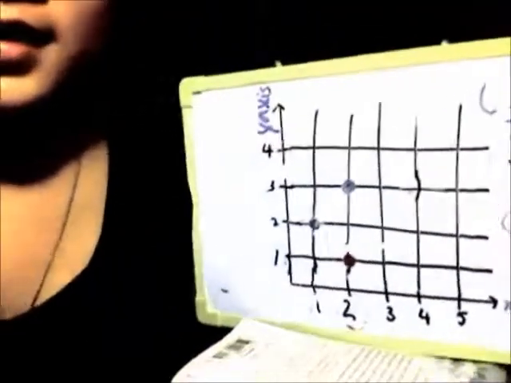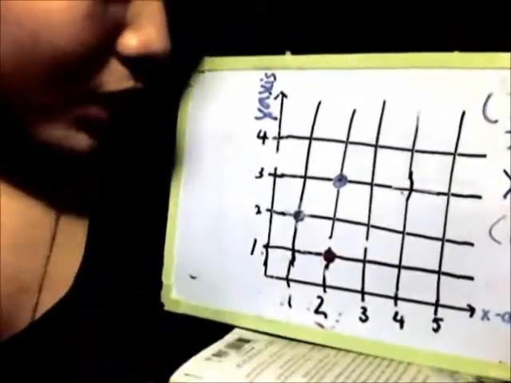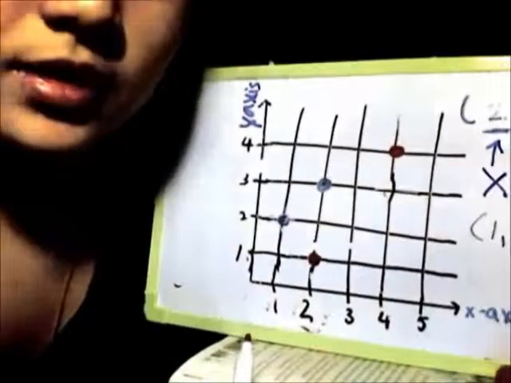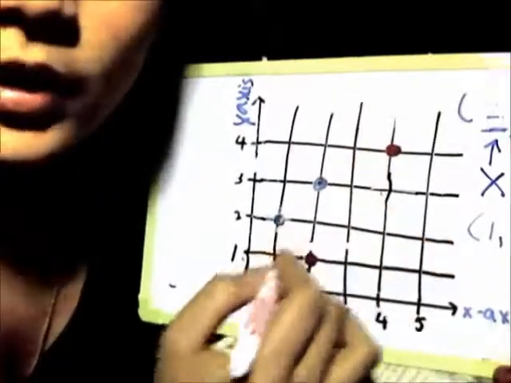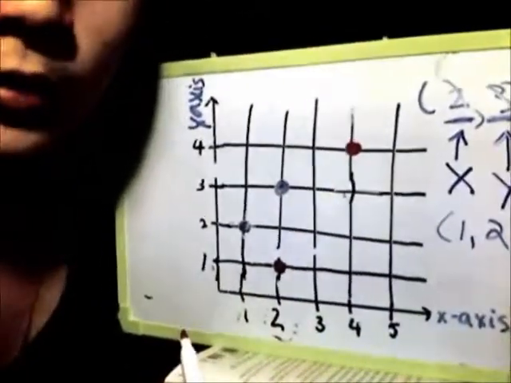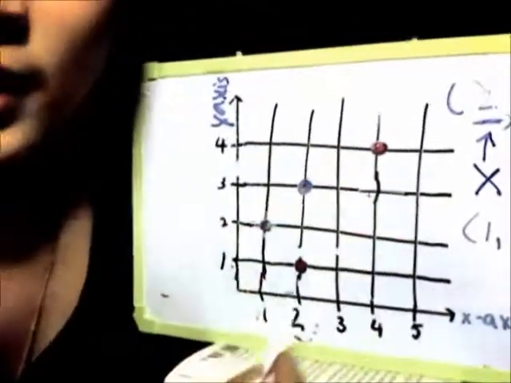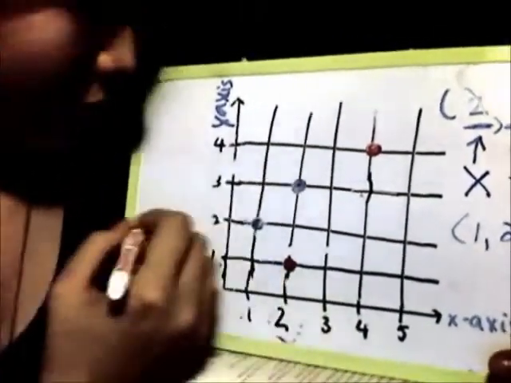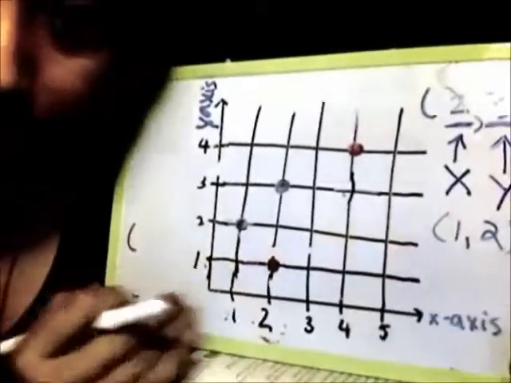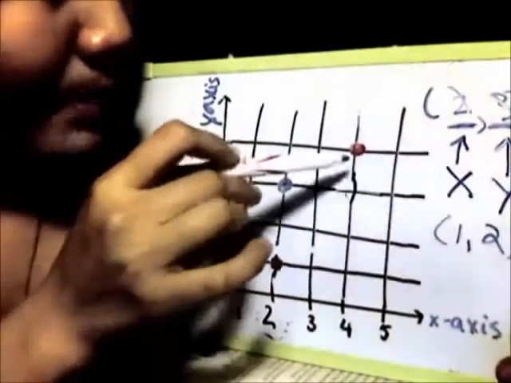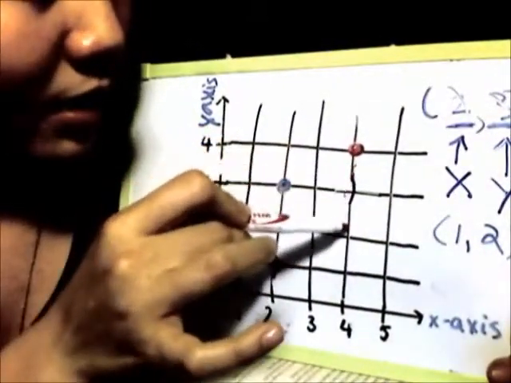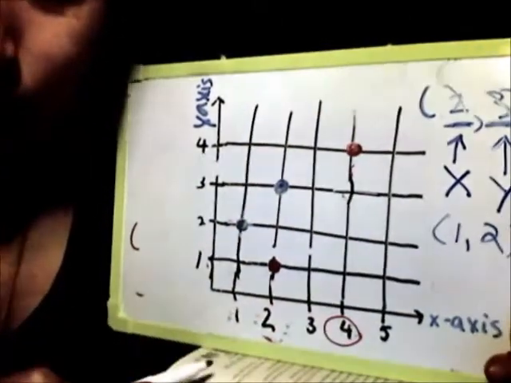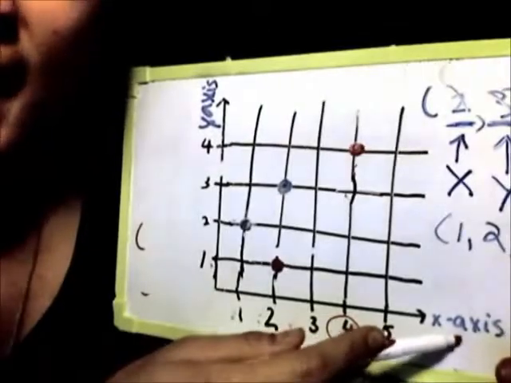Now I'm going to ask you, what if I told you this point is here? Where is this point? Can you give me the two numbers, the coordinates? Yes, of course you could do that, and this is how you would do it. First, you would look at the x-axis, right? And you would match it. You would go down and find 4. Remember, you always look at the x-axis first.